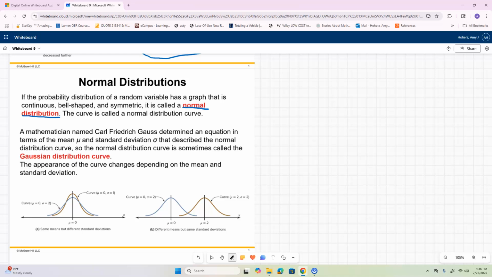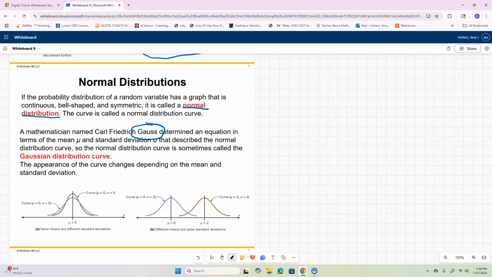We're not going to talk about that formula. It's not really pertinent to the things that we're talking about in this class. But because of that, the normal distribution curve is sometimes called, and especially in the past it was more often called, the Gaussian distribution curve, from his last name, Gauss. So Gaussian distribution curve and normal distribution curve are the same thing.